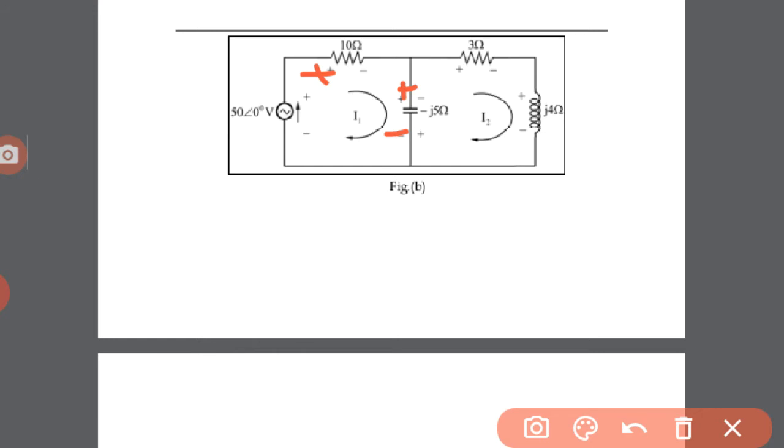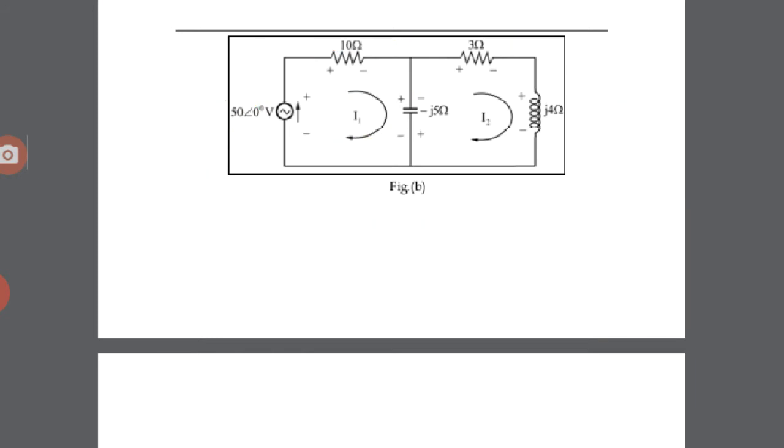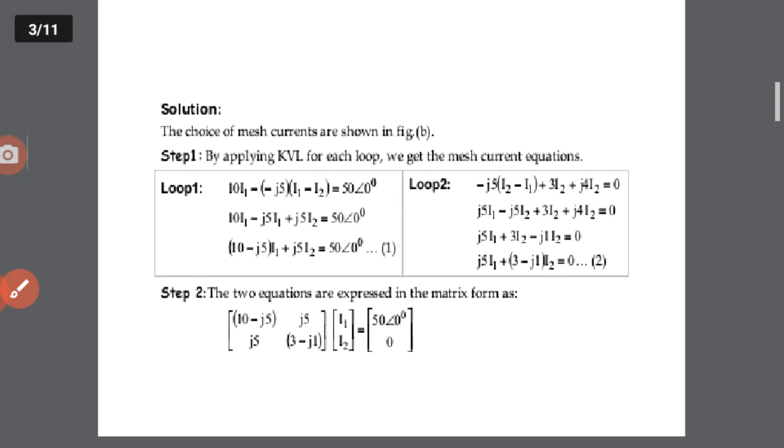In the same way, again positive to negative. First, we indicate the current directions, either clockwise or anti-clockwise. Then, at each component, we represent the plus and minus indication of the voltage drop across each element. After that, write down the mesh equations.